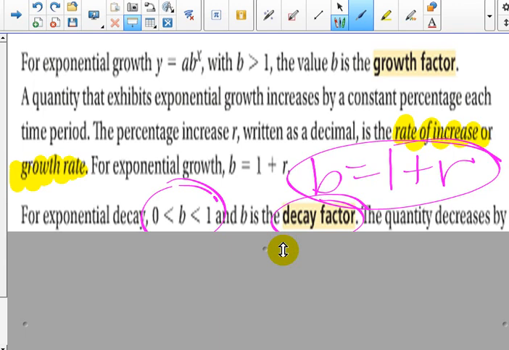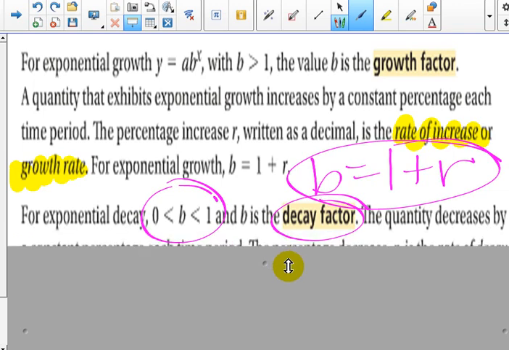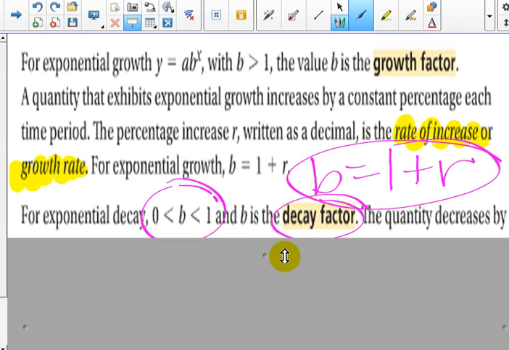For decay, your b is going to be between 0 and 1. Then it would be the decay factor. So if you're growing at 5%, you're going to have b equals 1 plus 0.05, so b is going to equal 1.05.